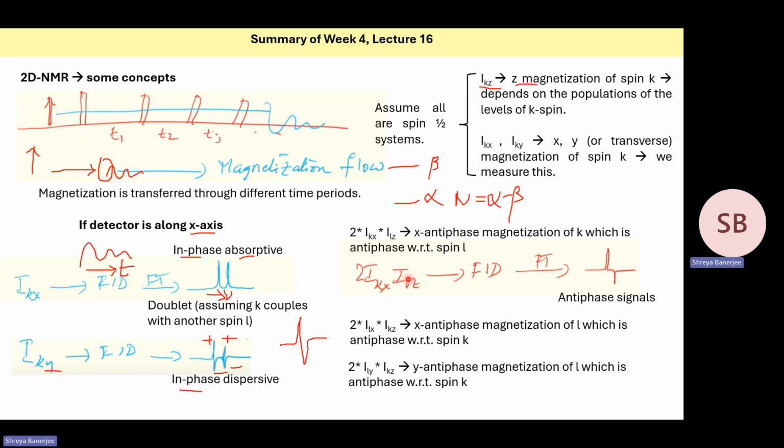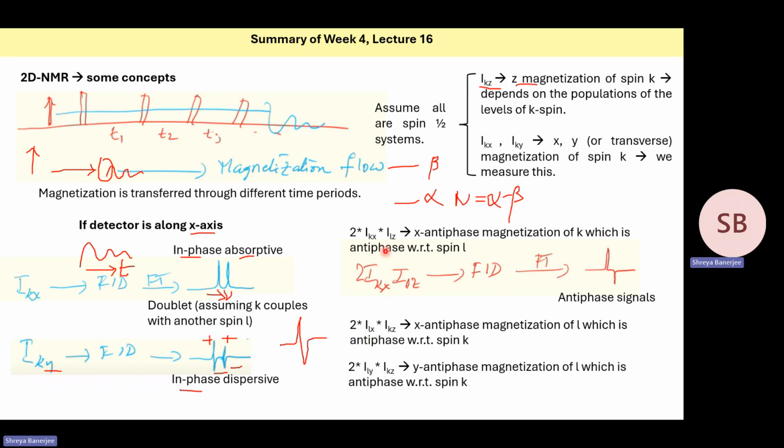If you get the FID and do the Fourier transform, you will get anti-phase signals. We won't go into the mathematics of how these terms come, but all you can remember is that if the magnetization of one spin is in X and in another spin it is in Z, that is, 90 degrees to each other, then the signals will be anti-phase.